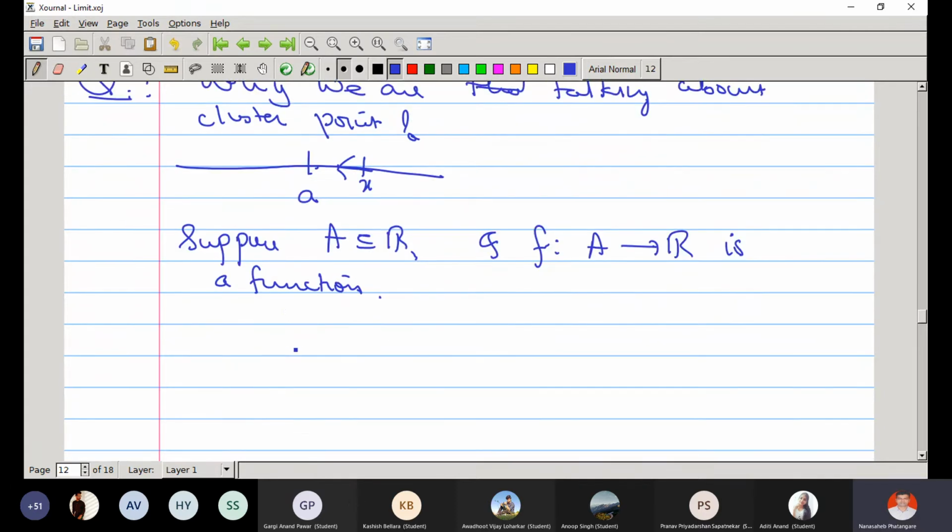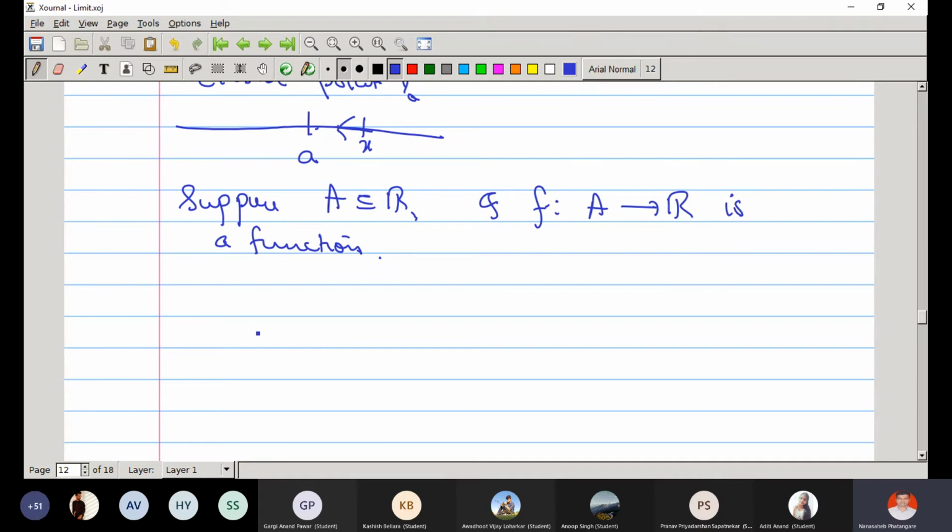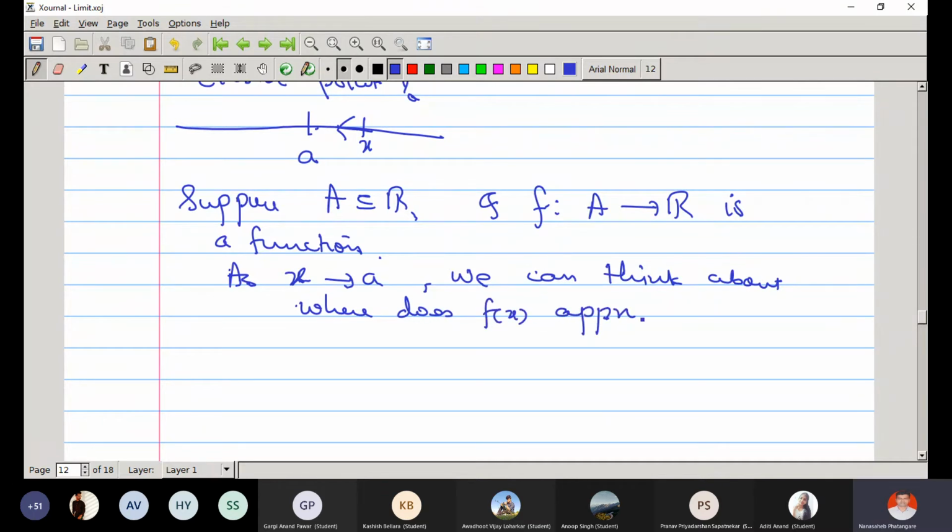Suppose my function is defined at A. As x tends to A, we can think about where f of x approaches, where the value approaches.